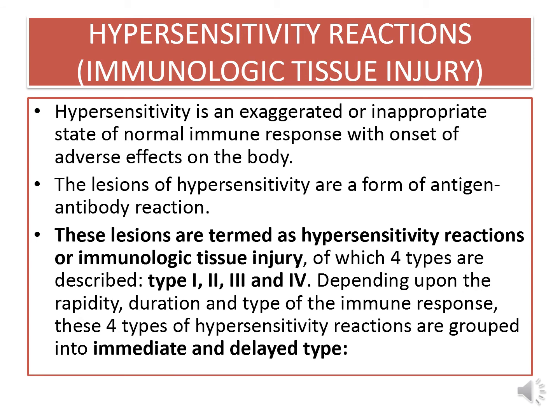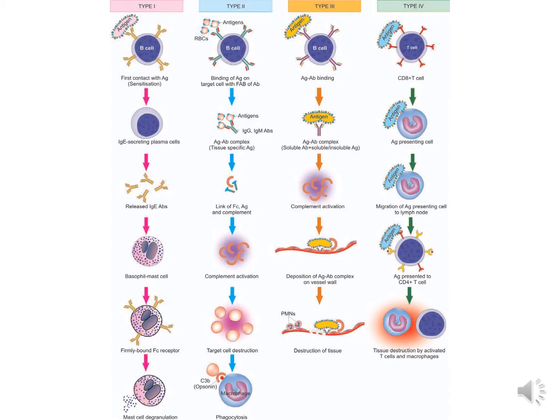These lesions are termed hypersensitivity reactions or immunologic tissue injury, of which 4 types are described: type 1, type 2, 3, and 4. Depending upon the rapidity, duration, and type of the immune response, these 4 types of hypersensitivity reactions are grouped into immediate and delayed type. So here we see type 1, type 2, 3, and type 4.